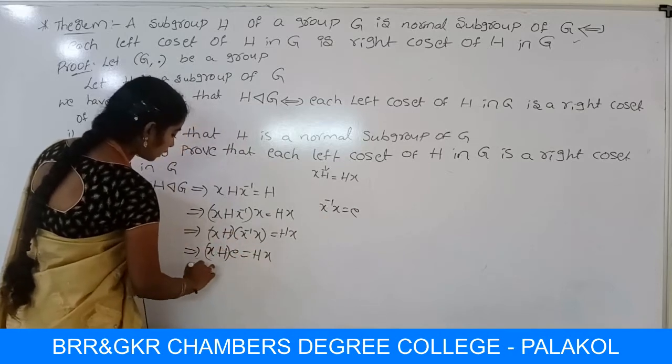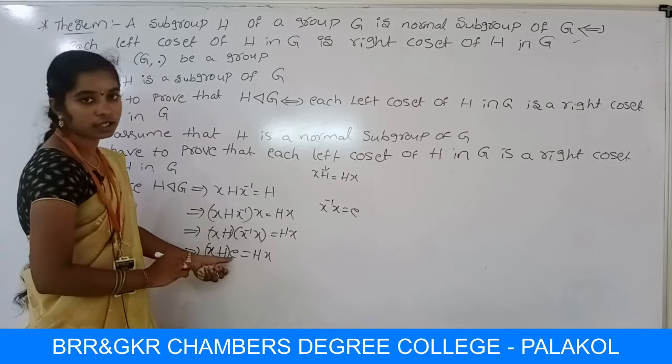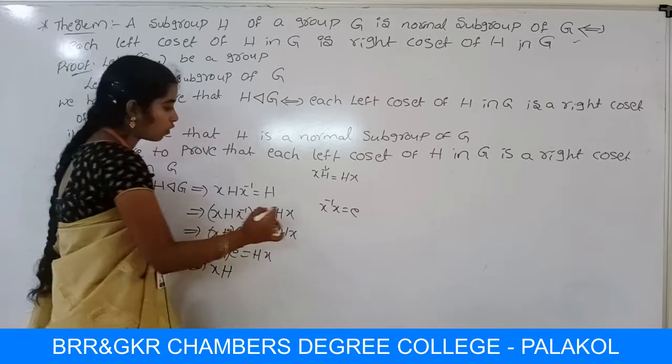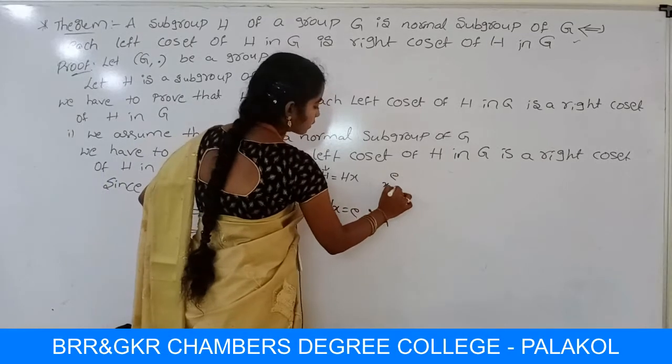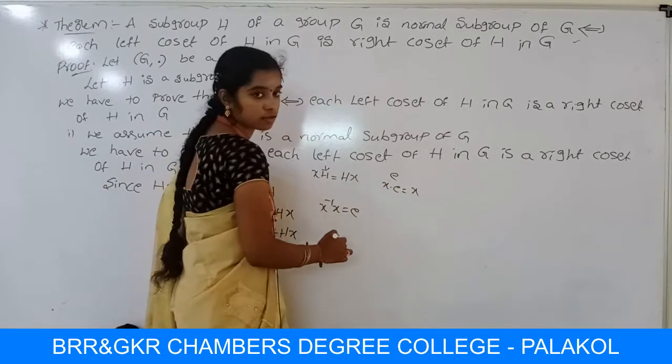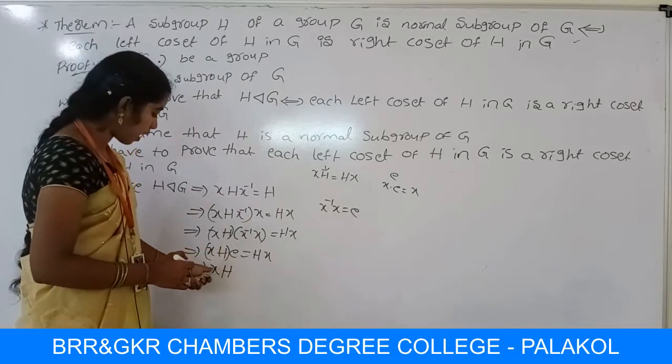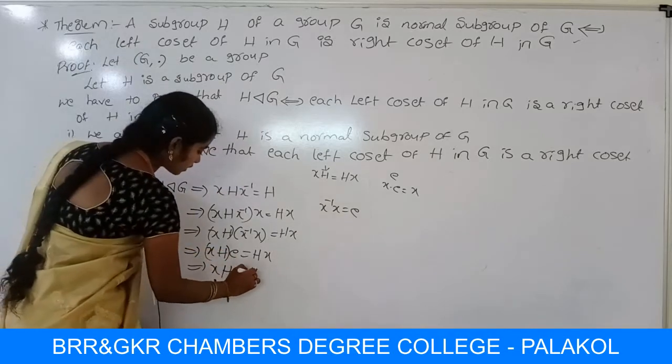So e is the identity element. Already you know that e is the identity element, x·e equal to x. So xH into e, the value is xH, equal to Hx.